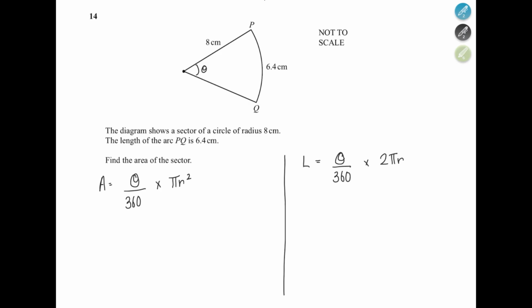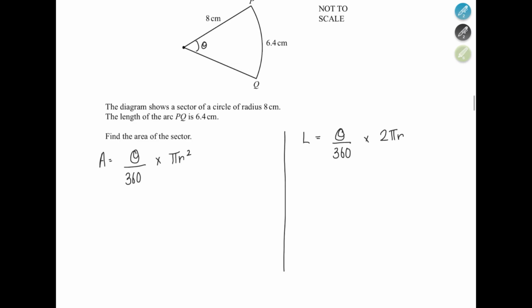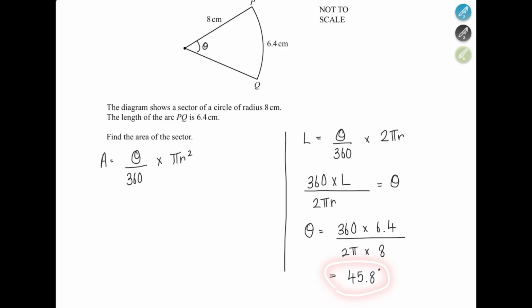We already know the length, so we can find the angle theta. Theta equals 360 multiplied by length of arc divided by 2 pi r, which is 360 multiplied by 6.4 divided by 2 pi times 8 centimeters. This equals 45.8. Theta is 45.8.